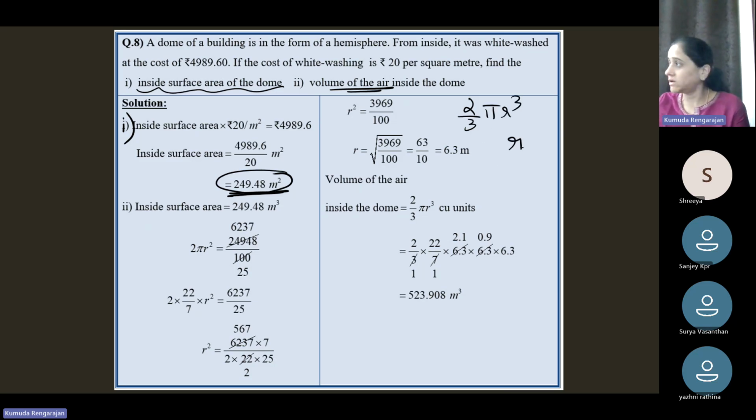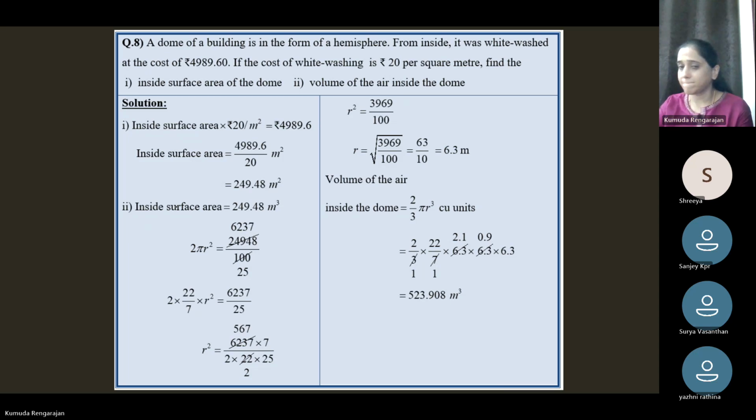You need the value of r. R is not known. Read the question, r is not given. So you have to work this out. You know that the CSA, 2 pi r square, is equal to this number. Inside surface area means CSA. You know the CSA is 249.48. So there's an equation now, 2 pi r square is equal to this number.